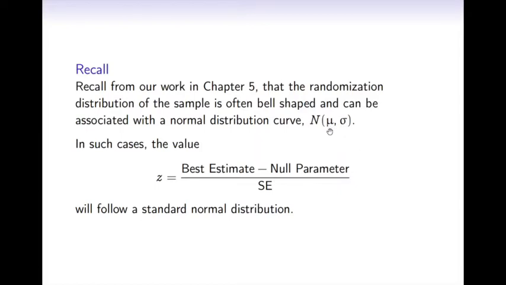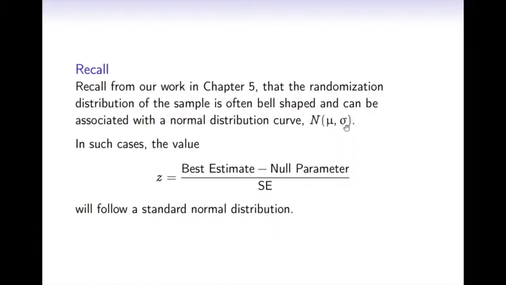We can look at the mean of the dot plot, which comes from the null parameter, and we can look at the standard error of the dot plot, which will form the sigma of this normal distribution.